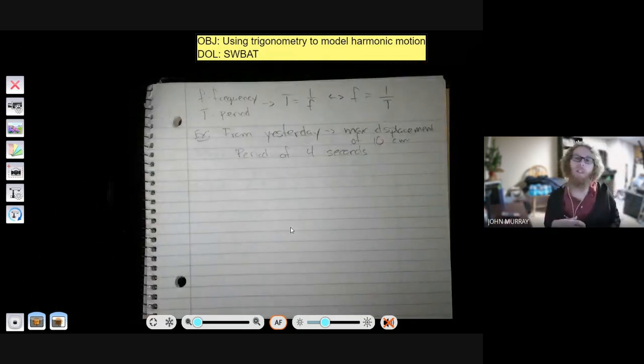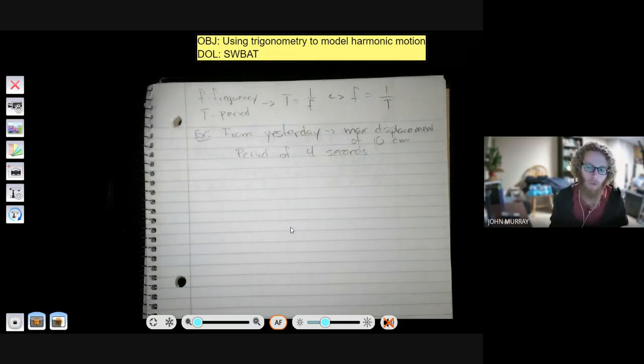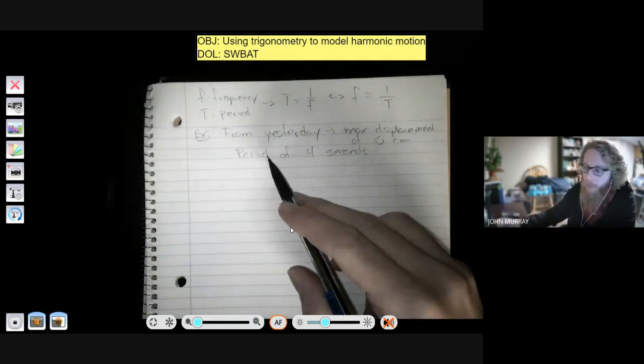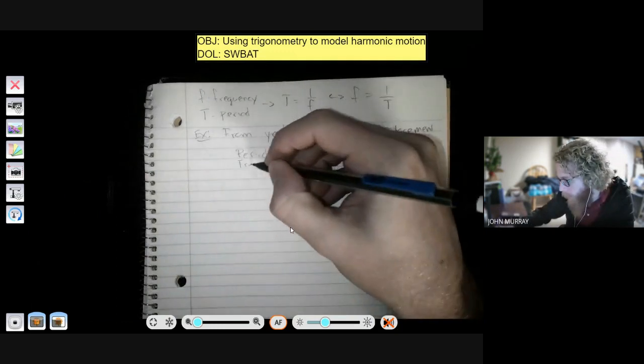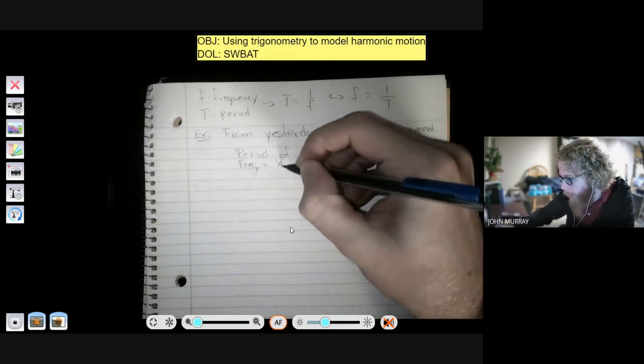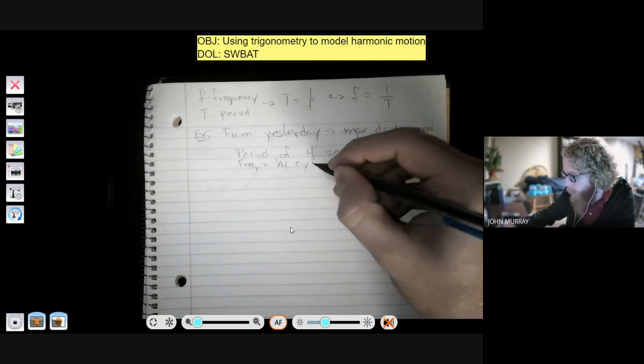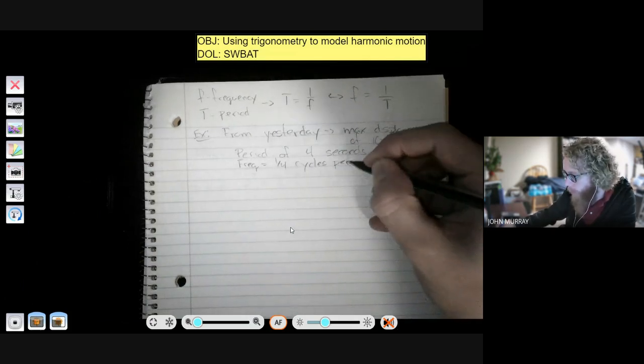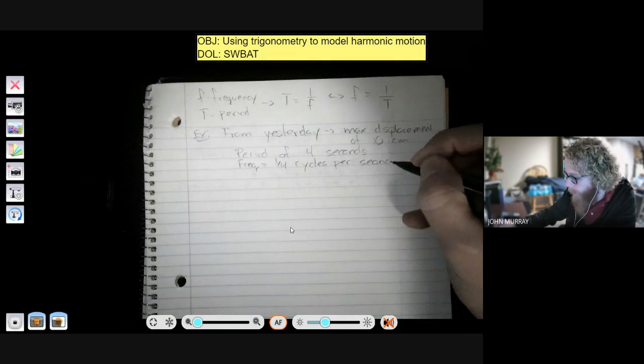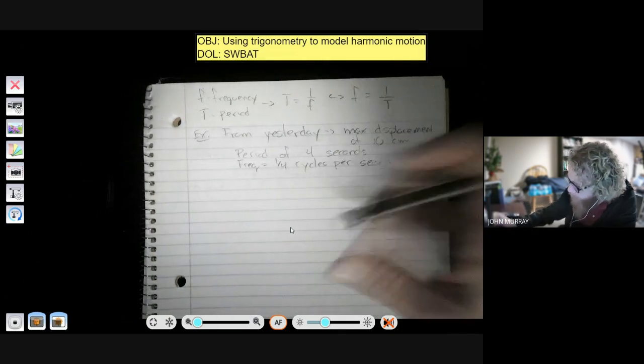Okay, so if you have the period or frequency and you want to find the other, you're just going to take the reciprocal. There's a direct relation there. So from yesterday we had a period of 4 seconds, which means we have a frequency of 1/4, 1 out of 4 cycles per second.